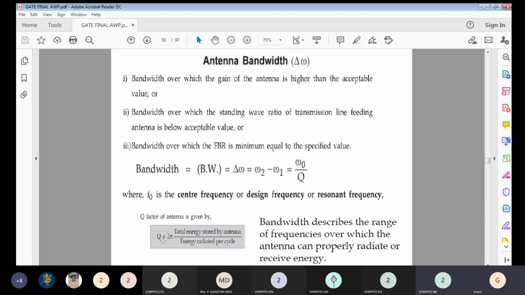Whatever system we take, we have to know about bandwidth. For antenna concepts, we have to concentrate on beam width. There are two types of beam width: fractional beam width and half power beam width. So bandwidth is also an important parameter in the case of antenna, like our beam width.